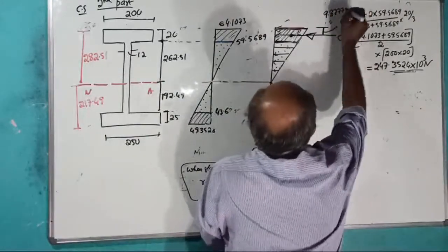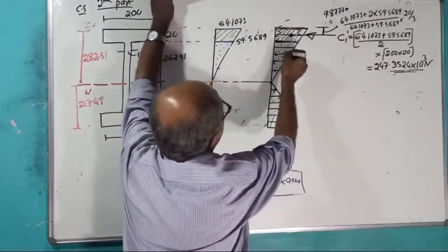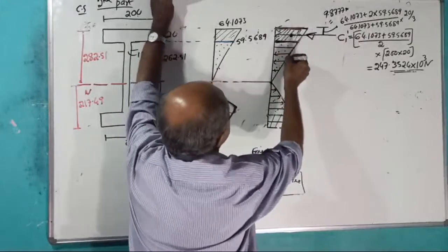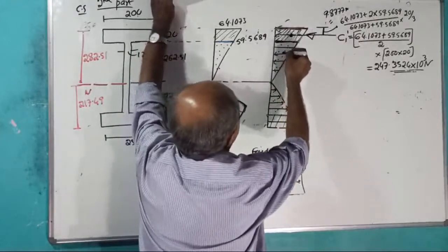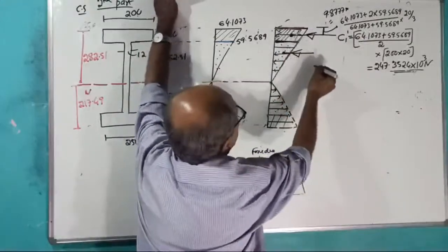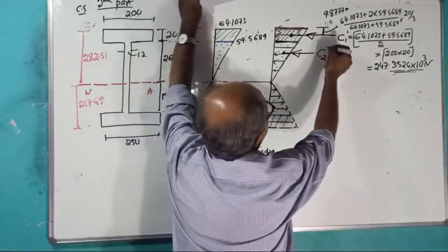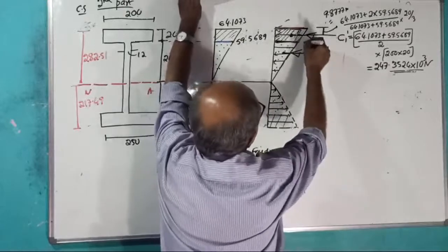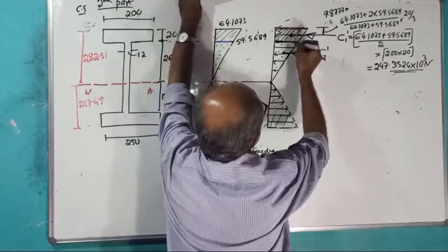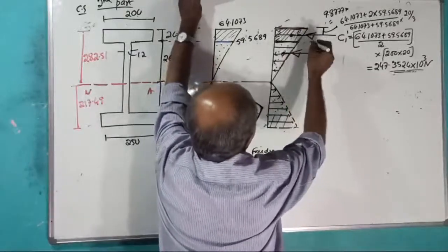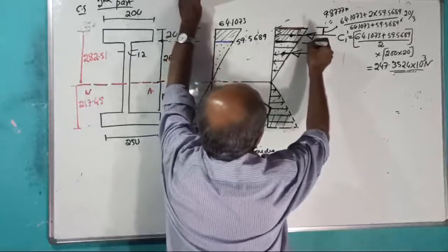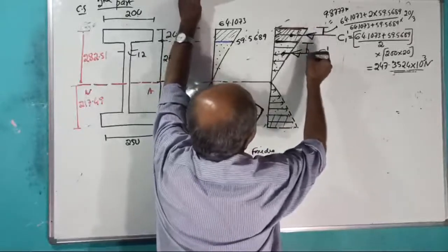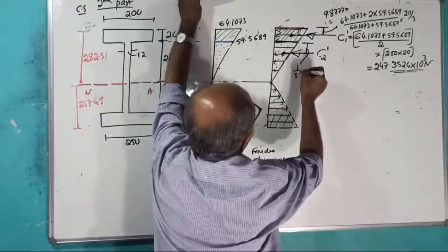9.8777 millimeter. And in the same way, there is one more force here. I will call it C2 dash. C2 dash will pass through the CG of this triangle, which will be from here 1 by 3 of this triangle.